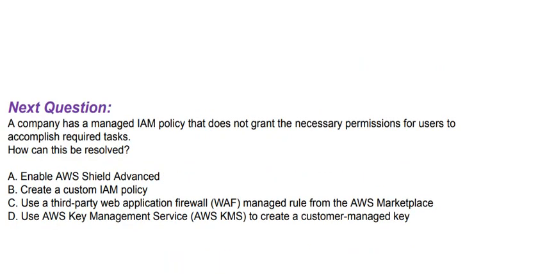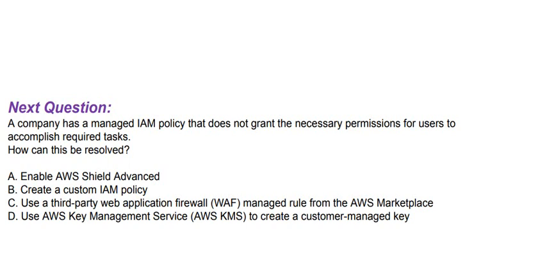Next question is: A company has a managed IAM policy that does not grant the necessary permissions for users to accomplish required tasks. How can this be resolved? Option A: enable AWS Shield Advanced. Option B: create a custom IAM policy.